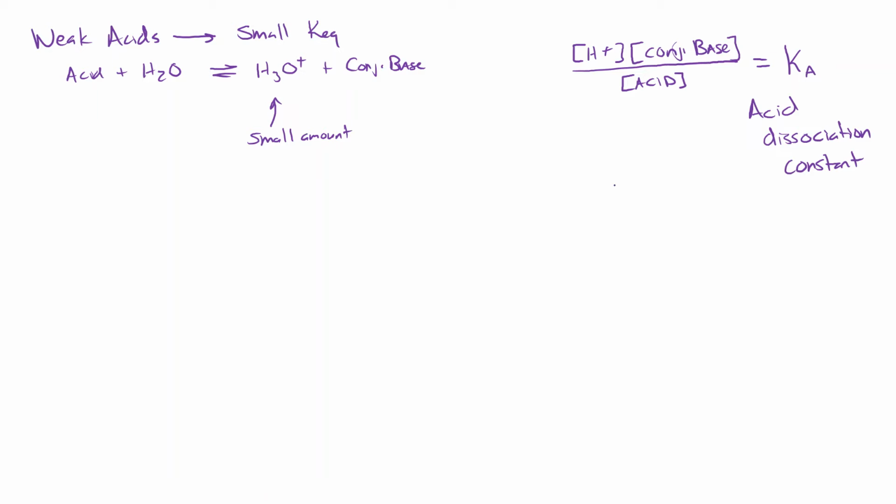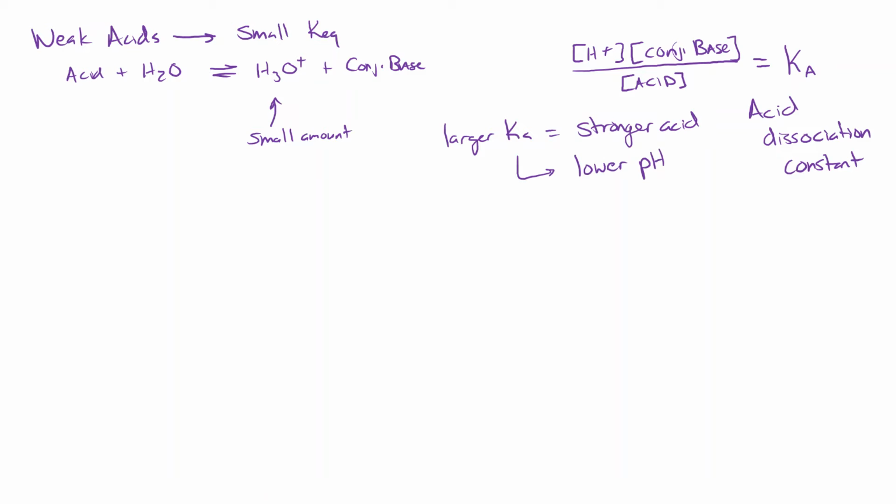So the stronger the acid is, of course, the more H plus we're going to create, and so the larger Ka gets. So in general, if you get a larger Ka value, that means that you have a stronger acid, and that also means you're going to get a lower pH when you make a solution of that acid, right? So the stronger the acid is, the lower the pH is going to be.